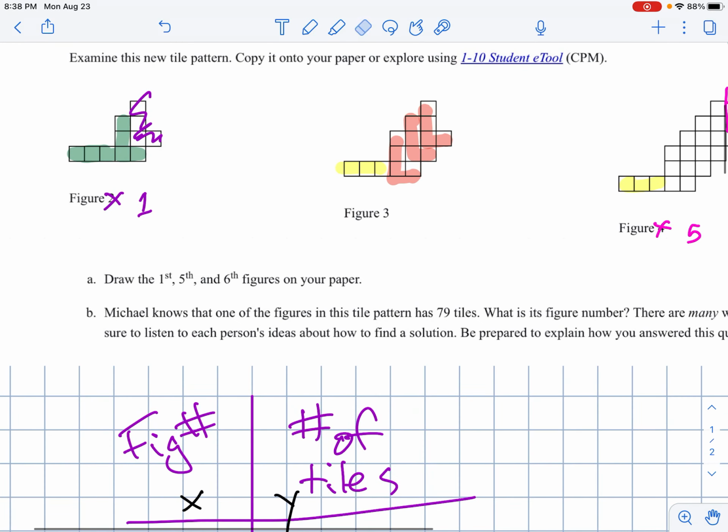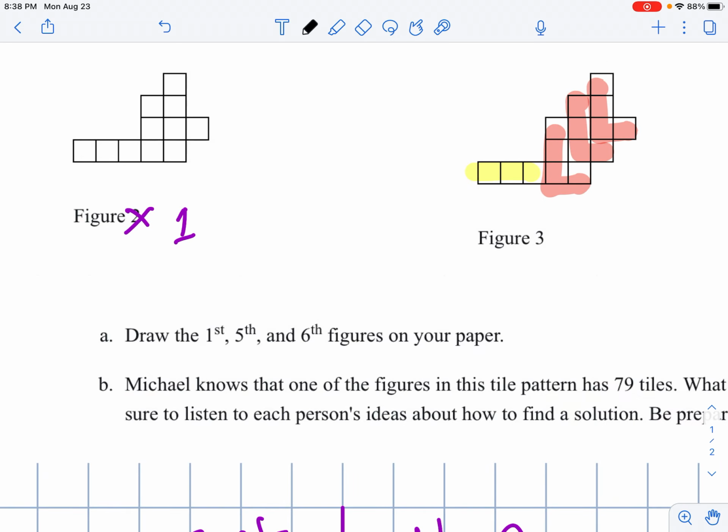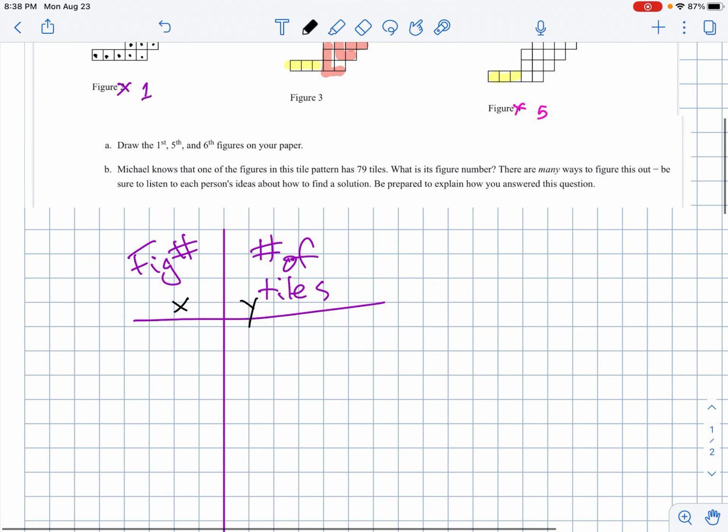Figure 1, let's go back and look at the original figure 1 here, and see how many tiles it had. Well, 1, 2, 3, 4, 5, 6, 7, 8, 9, 10, 11 tiles. So figure 1 had 11 tiles. I want you to put that in there.